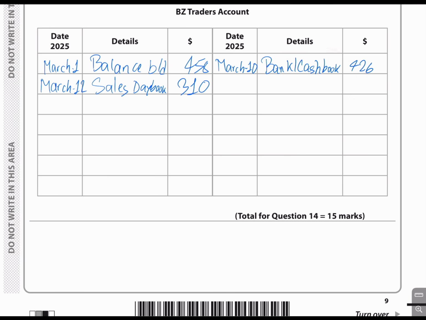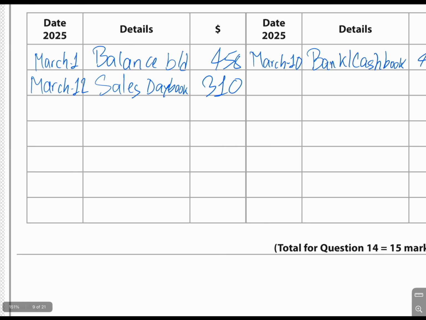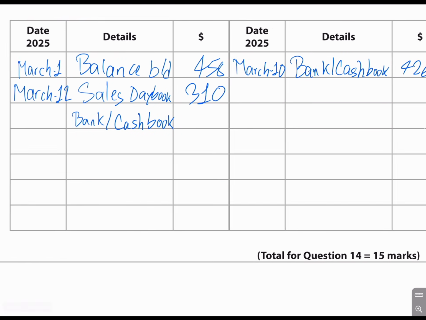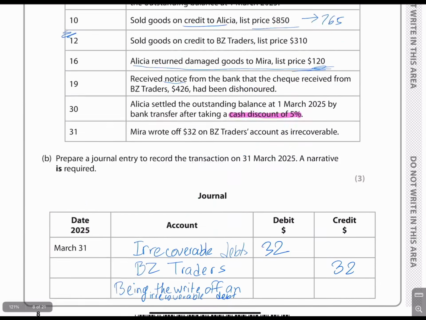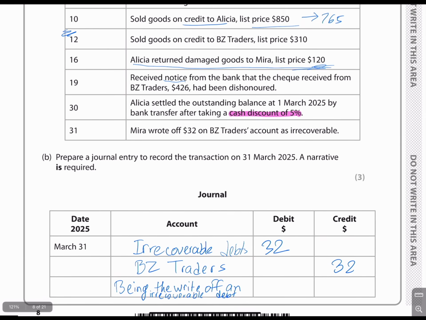How do we increase it back? We enter it on the debit side. So dishonored check. What do we write? We write cash book or bank here. You can write either one. 426.